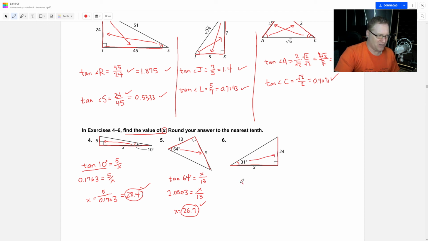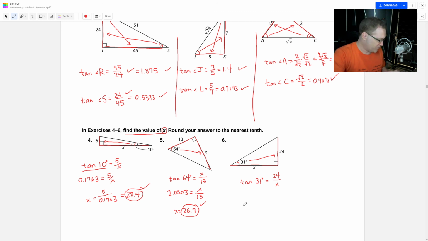So that means the tangent of 31 degrees equals the opposite, which is 24, divided by x.